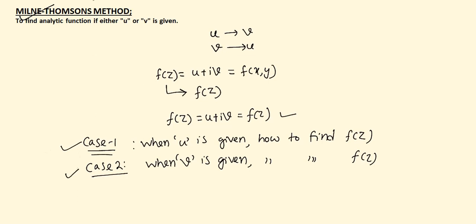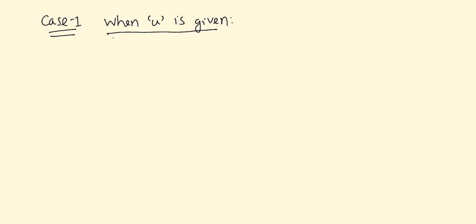So case 1 is when u is given. When u is given, we can find f of z in terms of z by using the following steps.